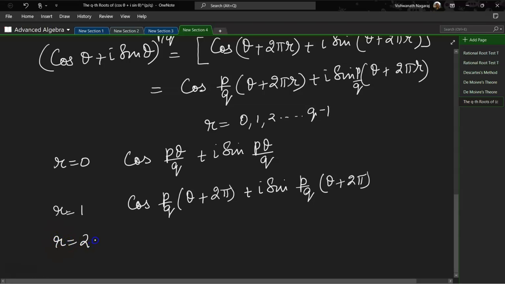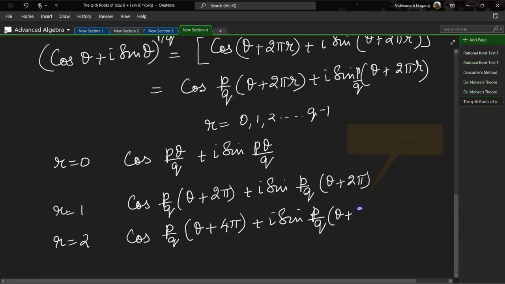If r is equal to 2, cos(p by q times (theta + 4 pi)) plus i sin(p by q times (theta + 4 pi)).